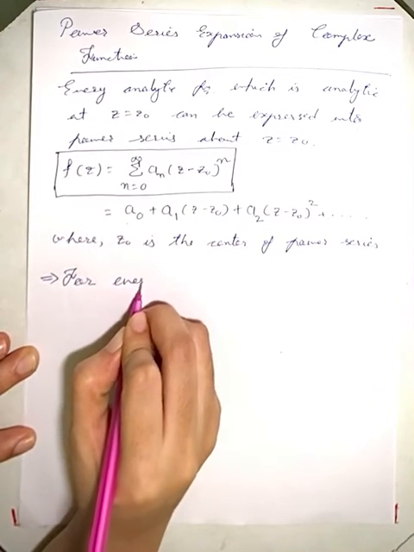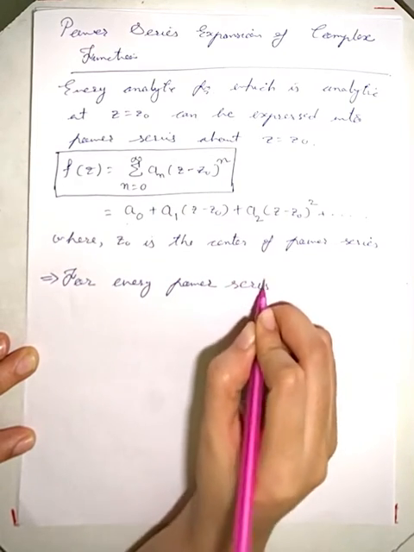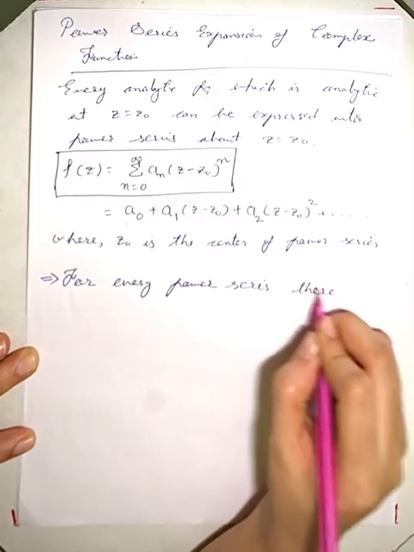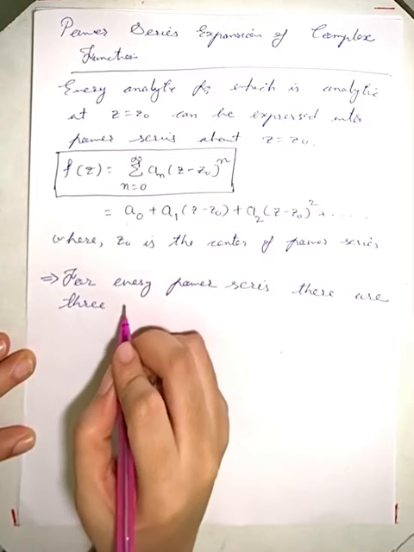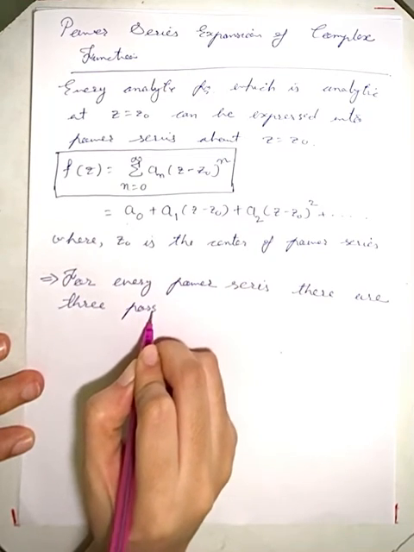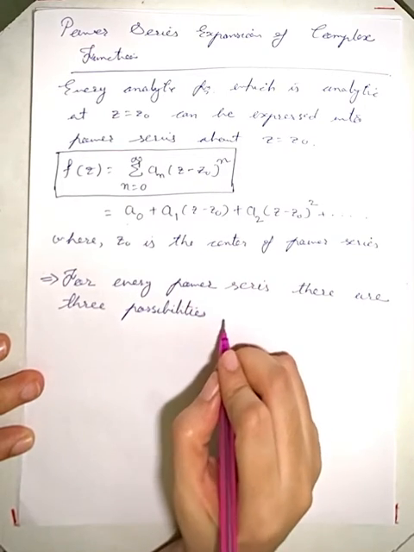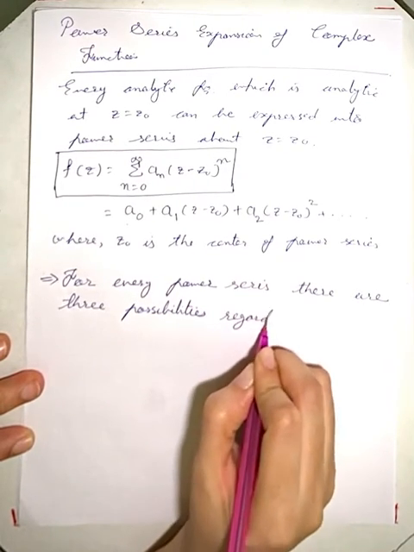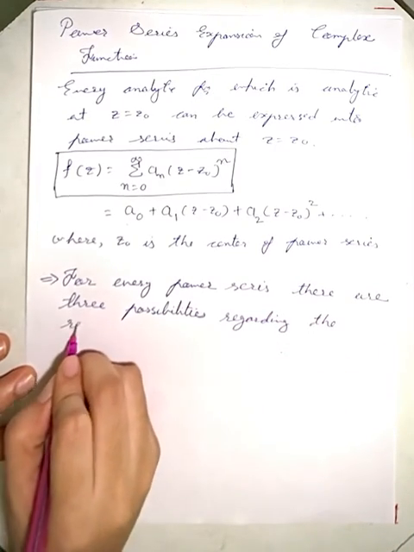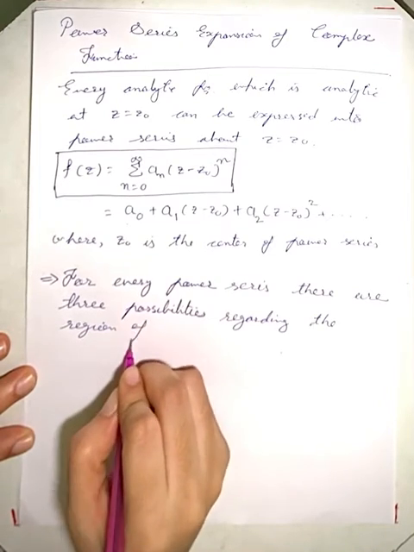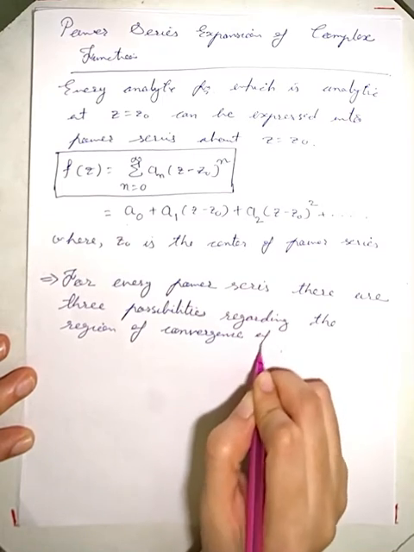For every power series, there are three possibilities regarding the region of convergence of a power series.